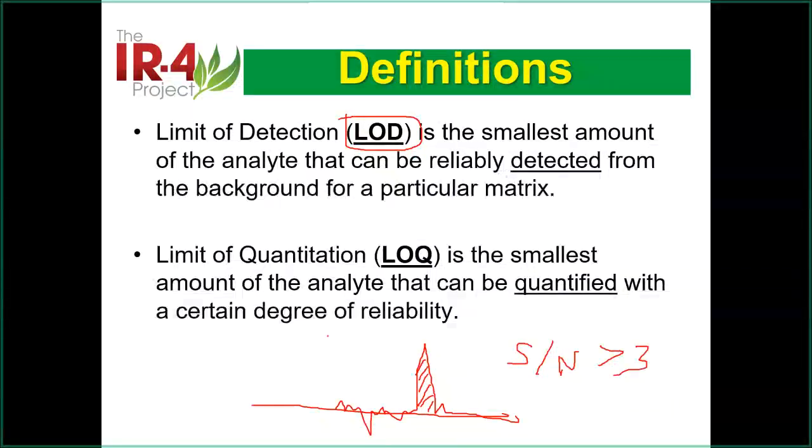The signal is up here, and the noise is probably the average from the background here. So if that ratio is greater than 3, I know this is the right peak.